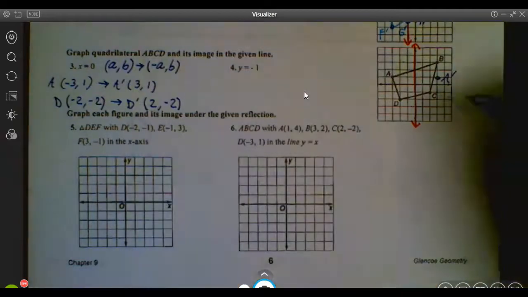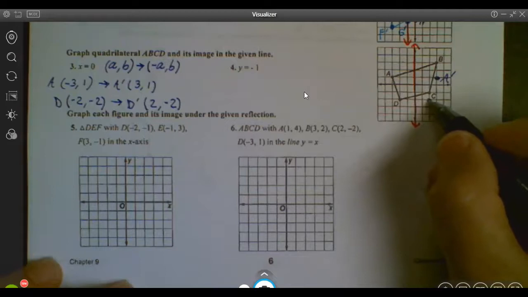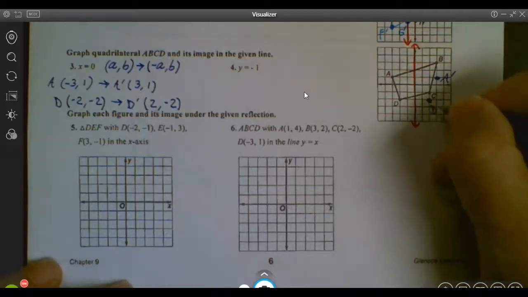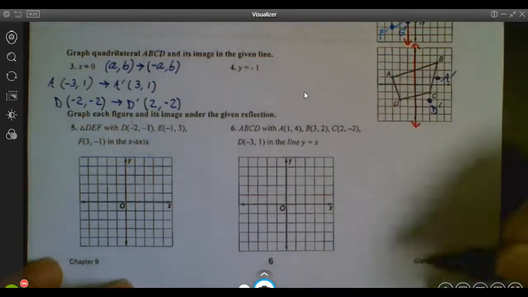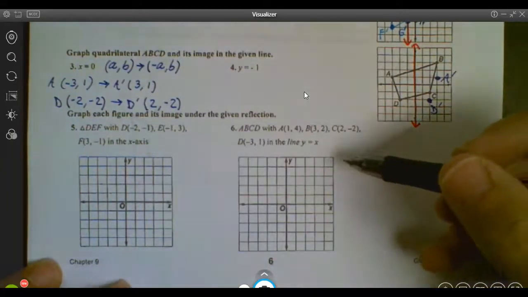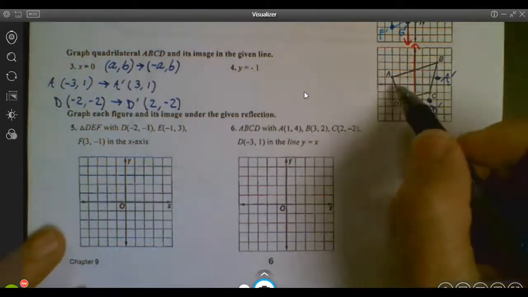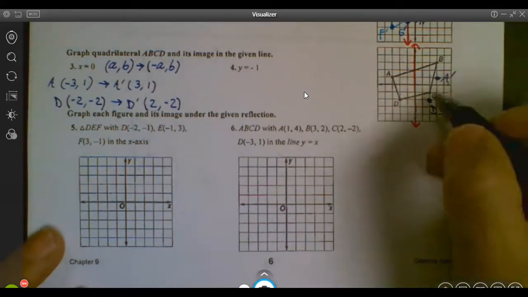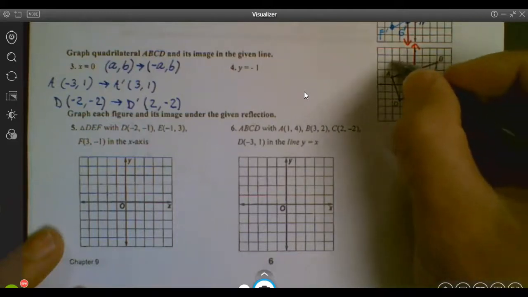You can see how that would still fit the graph, though. It was 2 units to the left. Now it's going 2 units to the right. There's D prime. And you'll notice, sure enough, it's at (2, negative 2). So this time we got it by using the rule rather than visual, but we can do either one in these cases. Let me just finish off the drawing for this. Point B was 3 units to the right, so now it's going to go 3 units to the left.